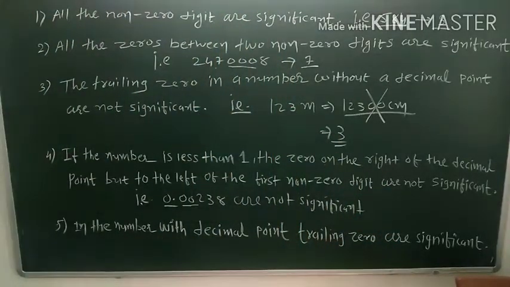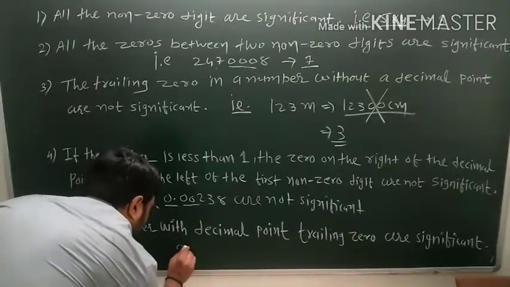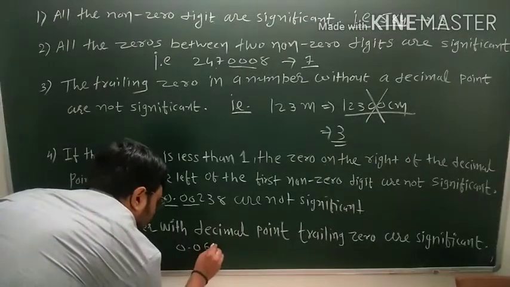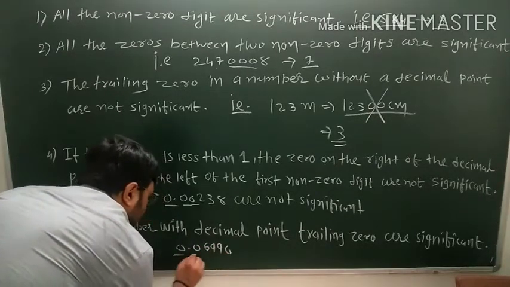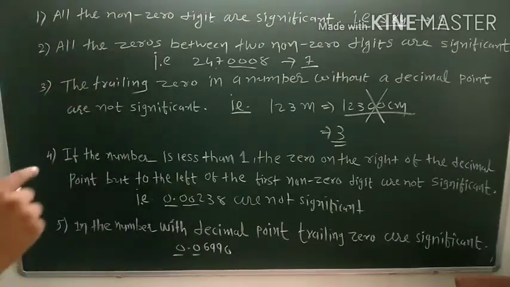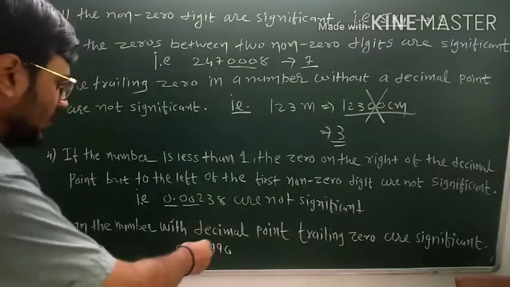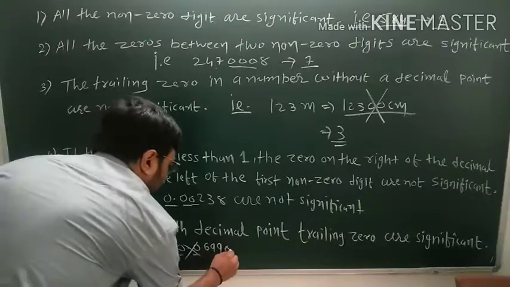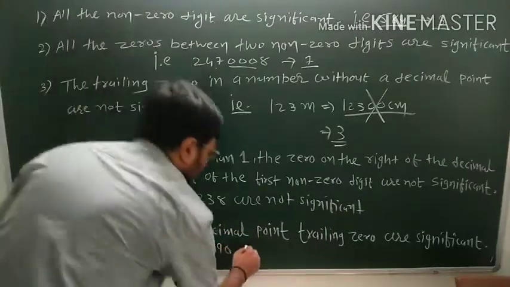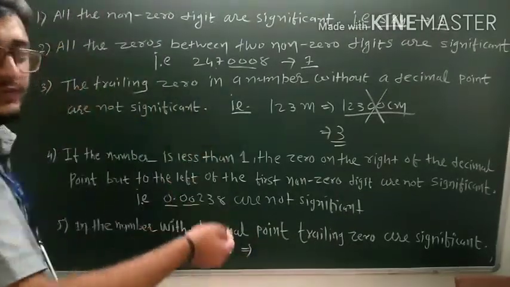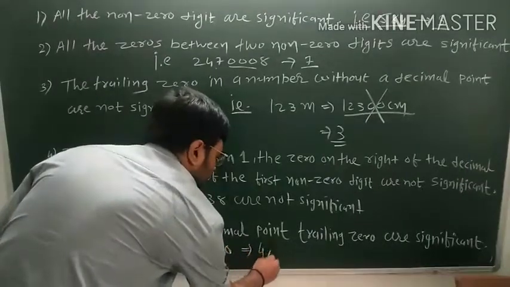So we take one example, that is 0.06990. So the first zeros are non-significant and the trailing zero is significant. So here the total number of significant figures is 4. Okay.